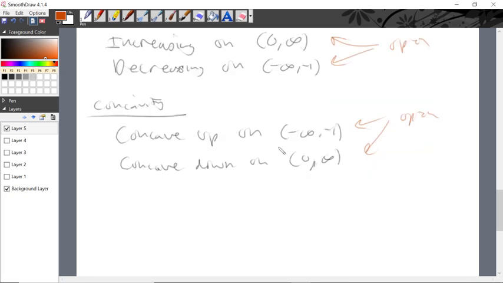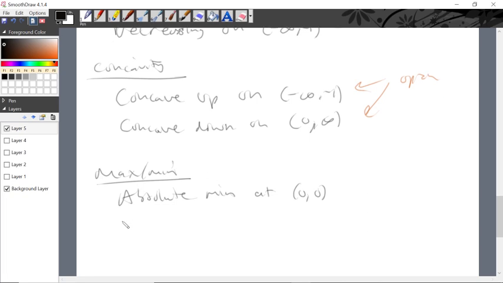How about maxima, minima? We found there was an absolute minimum at 0, 0. The function goes up to infinity in quadrant 2, so there is no absolute maximum.